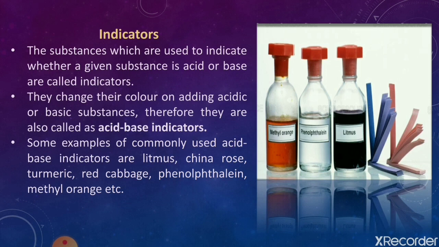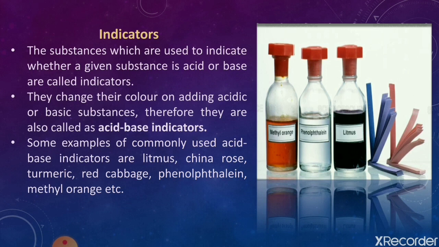So the problem of identifying whether a solution is acid or base can be solved just by using indicators. Indicators give different colors with acids or bases, so they can be used to identify the given acid or base. That's why indicators are also called acid-base indicators.